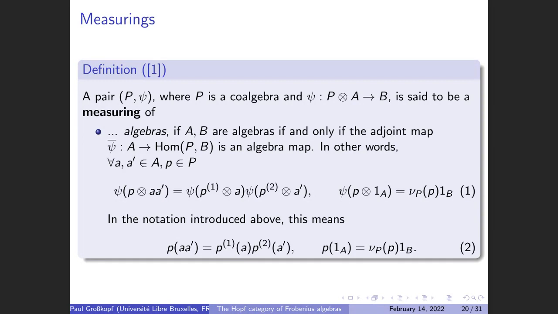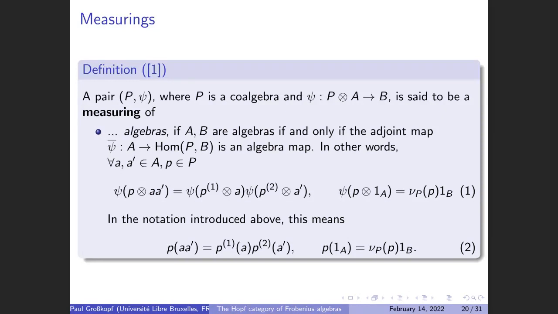I don't want to walk through the whole thing, but the key element is the last line: if I apply P on a product in A, in the case of an algebra morphism, I would have PA times PA bar. But since I don't want an algebra morphism, I want a wider structure here, I first co-multiply my element P, and then I apply it to A.